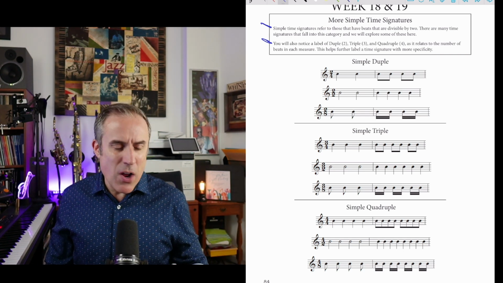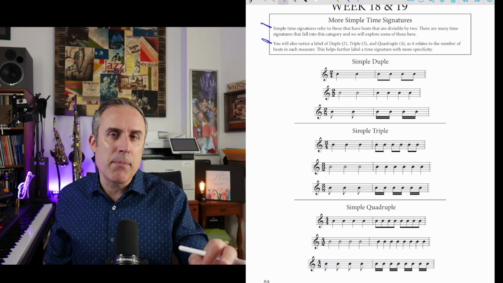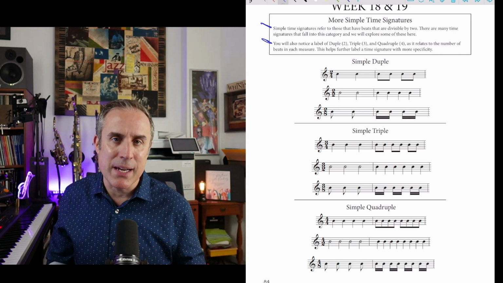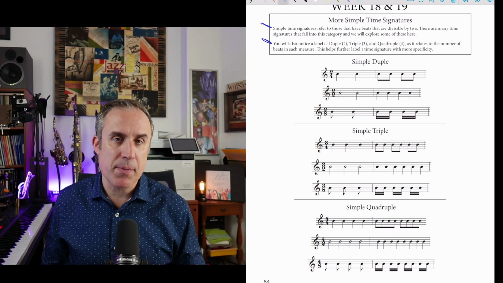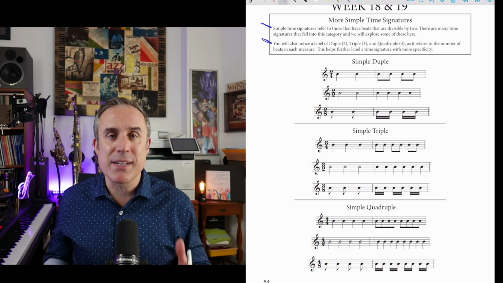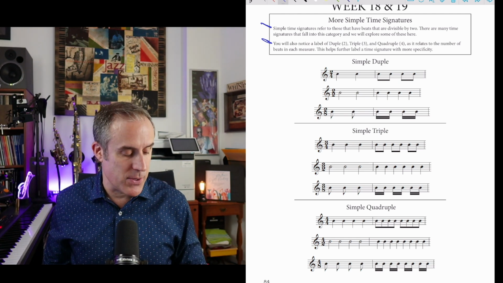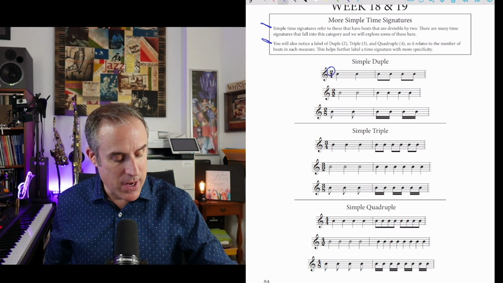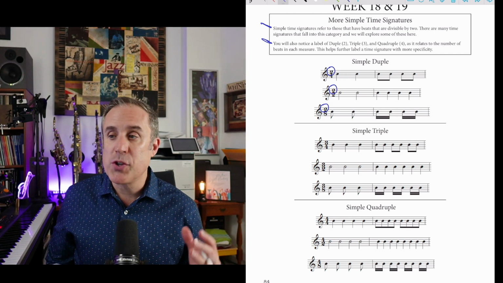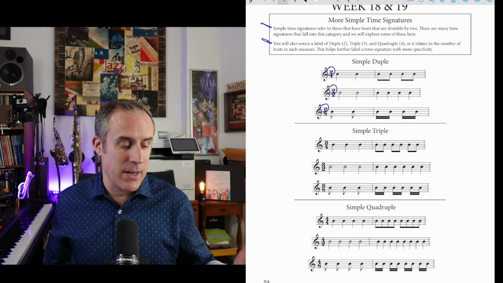Okay, so let's talk a little bit more about what the top number and what the bottom numbers mean in a time signature. Let's start with the top number for each of these time signatures because this one is the easiest to wrap our heads around. So we'll start with simple duple, and we'll notice that we have a 2 on the top of each of these time signatures, which means that we have 2 beats in each measure.